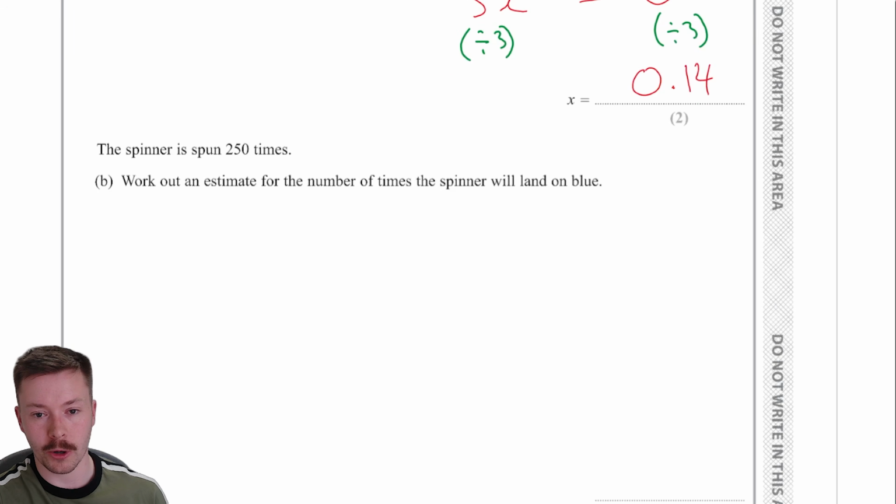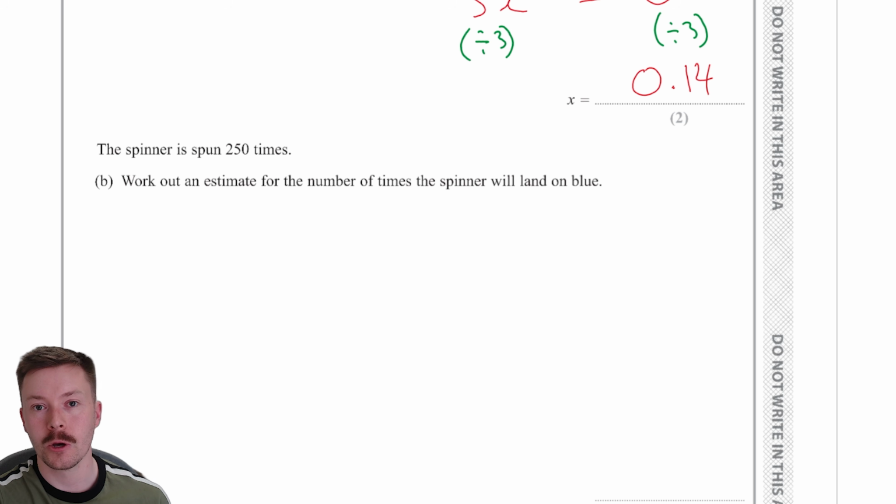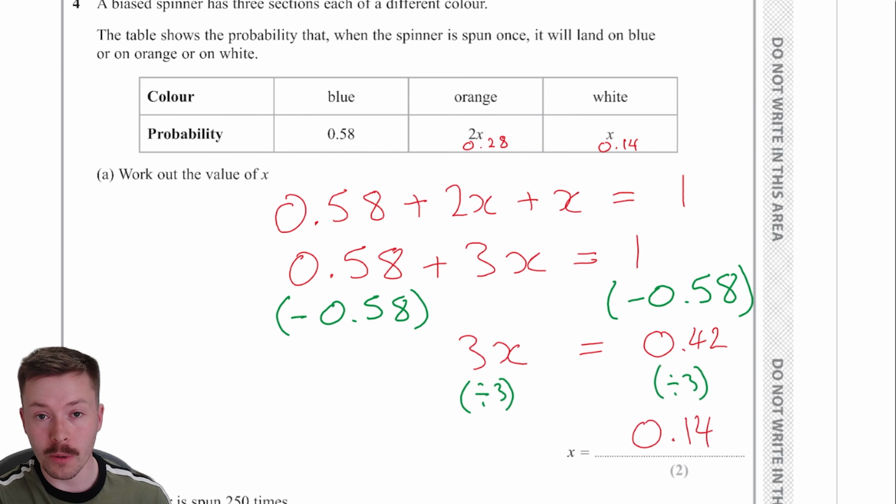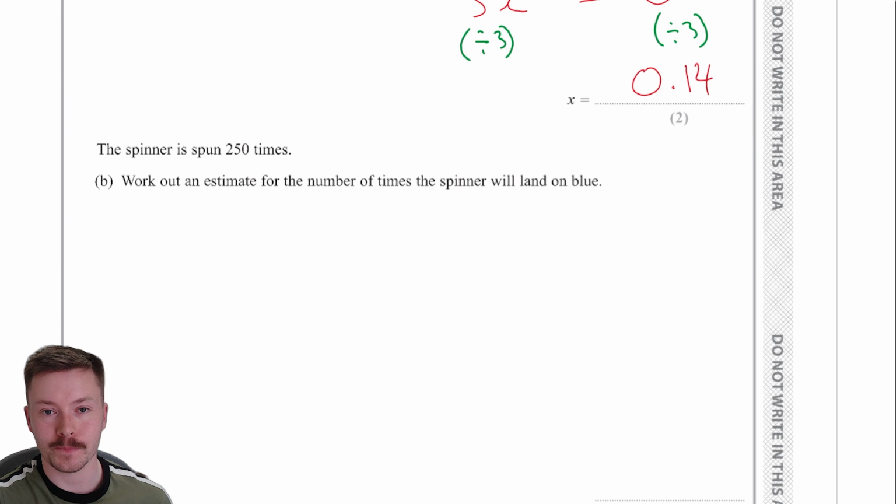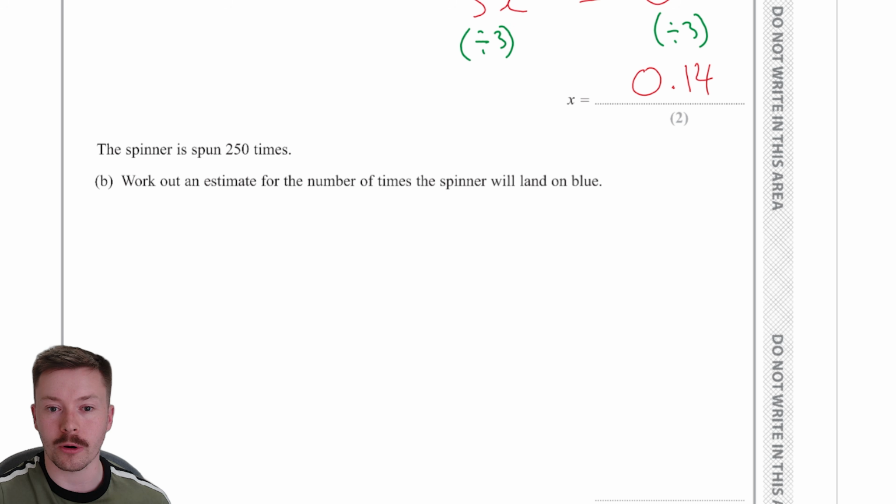Now if we read the next part of the question, we are told the spinner is spun 250 times. Work out an estimate for the number of times the spinner will land on blue. The probability that it lands on blue is 0.58. So if we spun it 100 times, we would expect 58 of those times to land on blue.